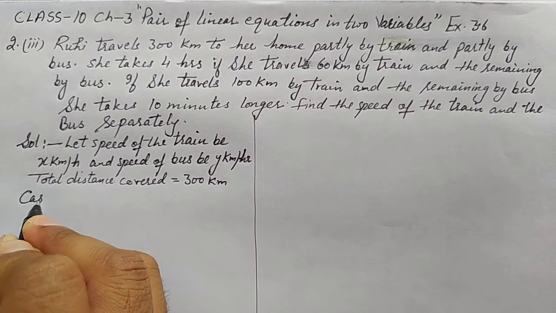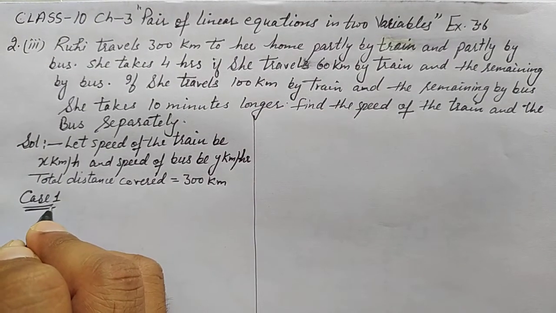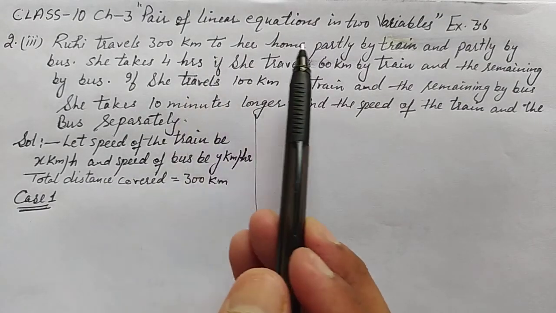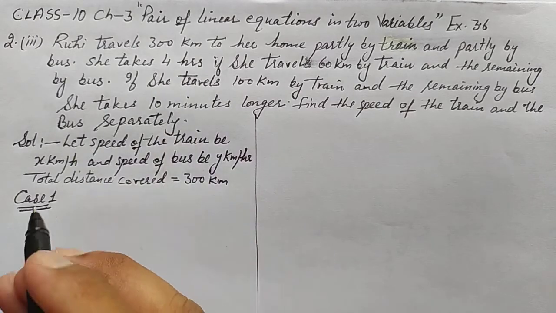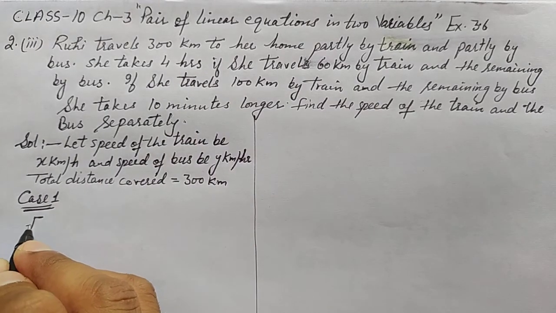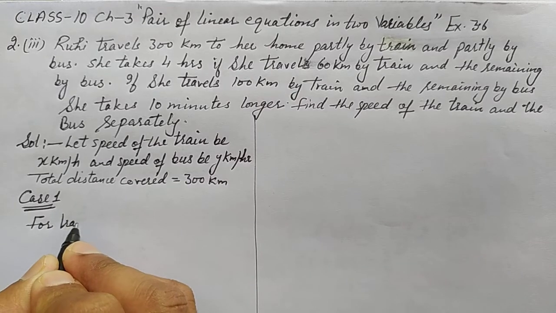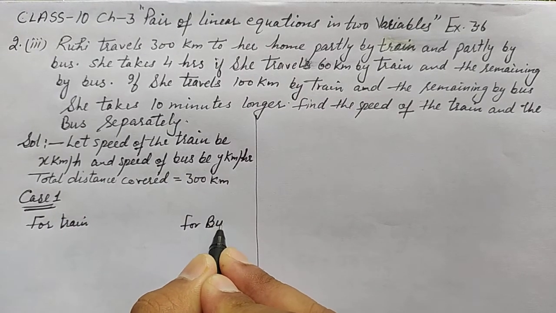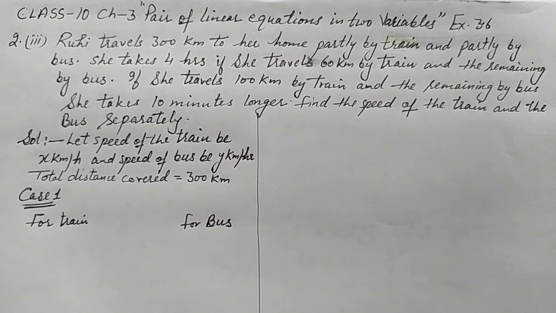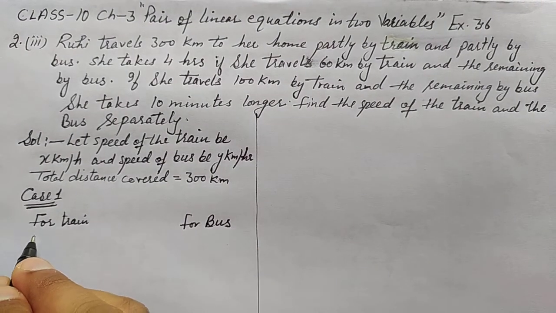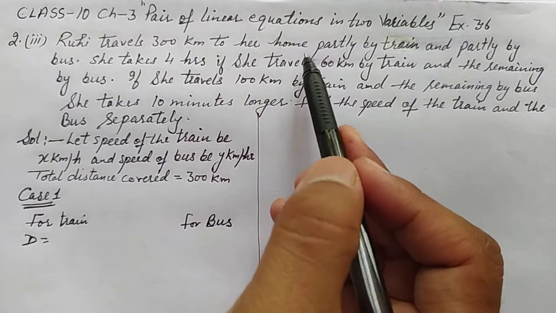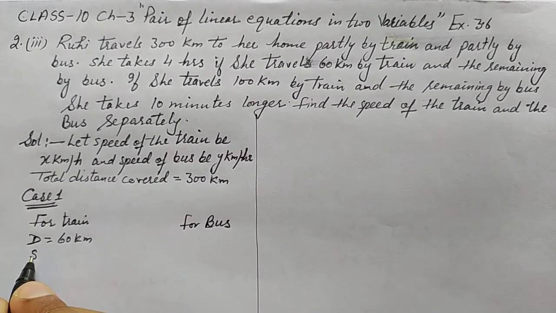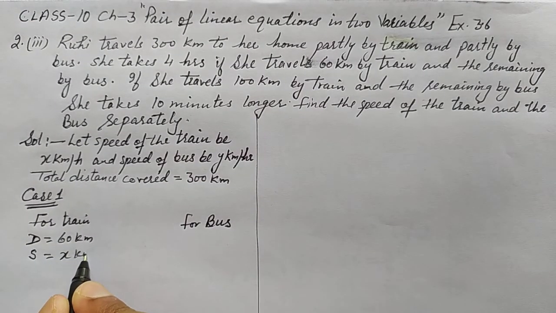We'll write case 1 here as a heading. In case 1 we will have two sub-cases, the case of the train and the case of the bus, so we will find them out separately. For the train, the distance traveled is given as 60 kilometers, and the speed of the train is x kilometers per hour.